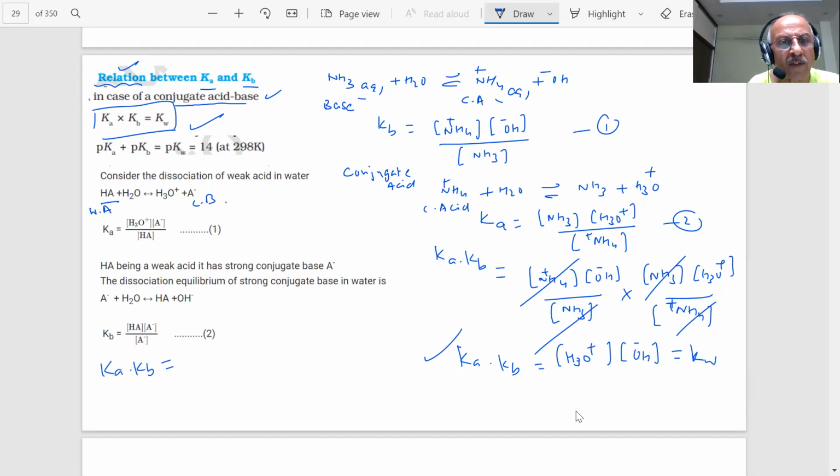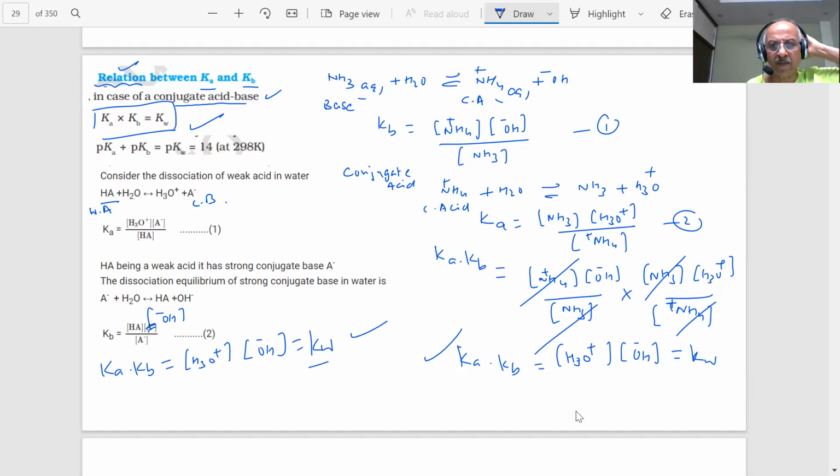Kb is equal to HA into OH minus divided by A minus. Okay? Yes, sir. So if I multiply the two, what will you get, student? H3O plus and OH minus, which is your Kw.